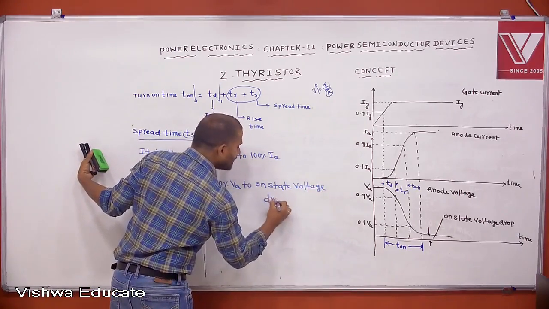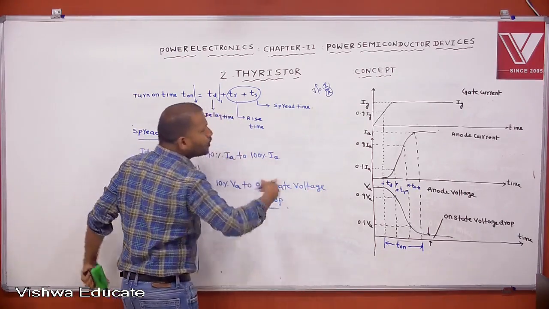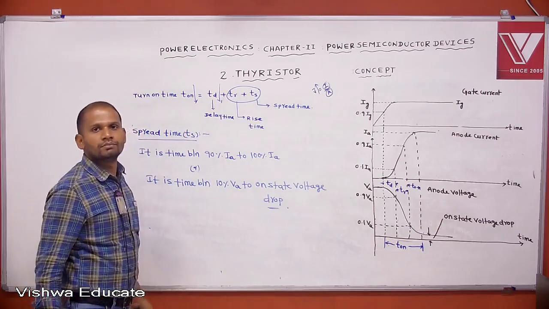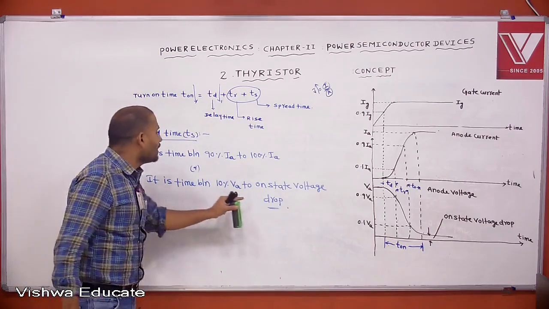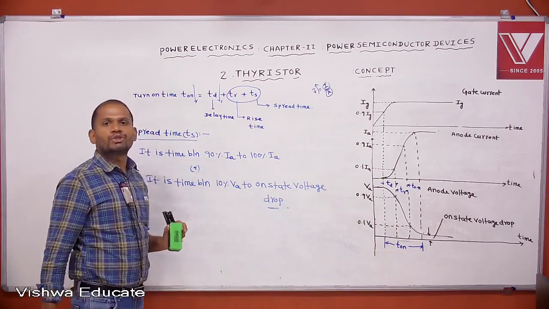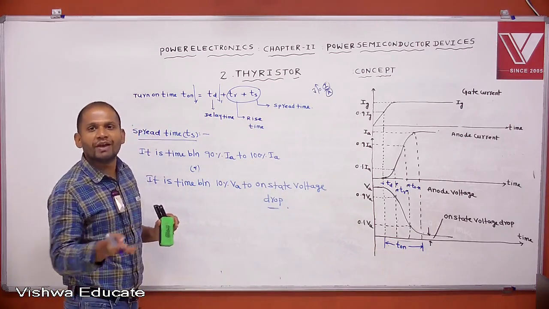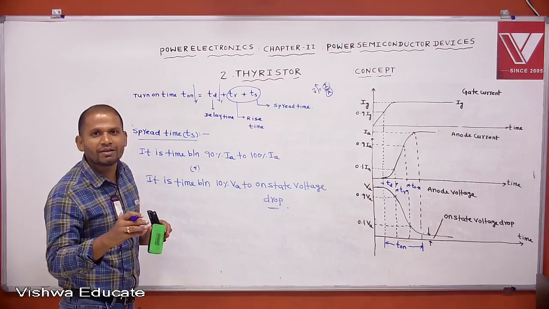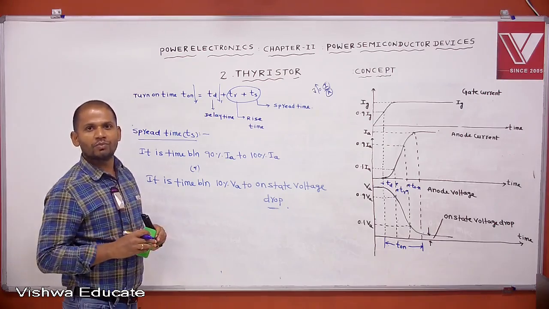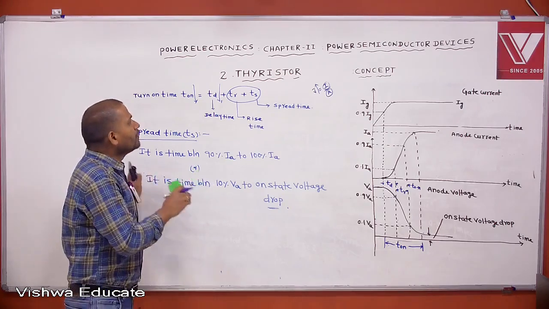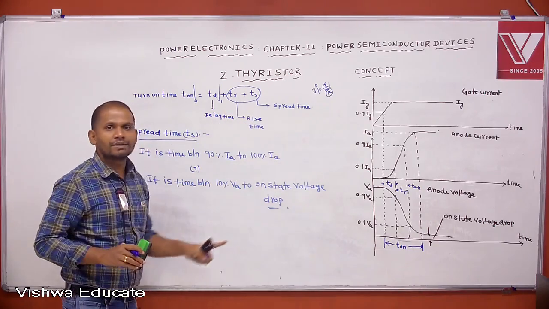That means during this time the current will be spread throughout the SCR. Then the voltage falls to the on state voltage drop, the forward voltage drop. If any device is conducting, there is some voltage drop across the device, that is nothing but the forward voltage drop. This is about turn on time characteristics.